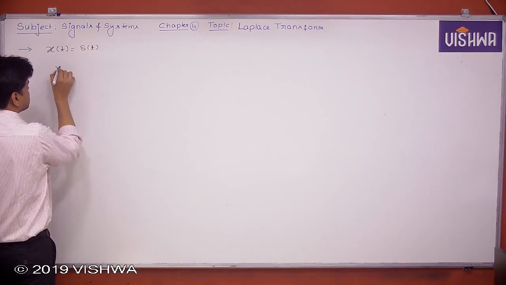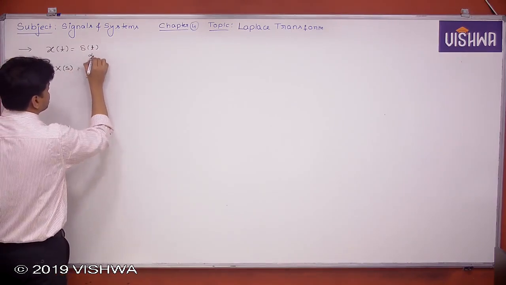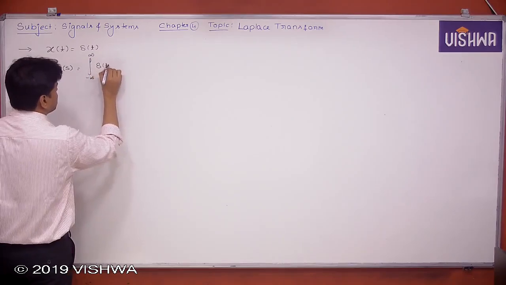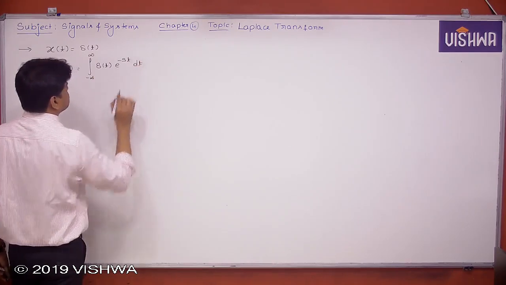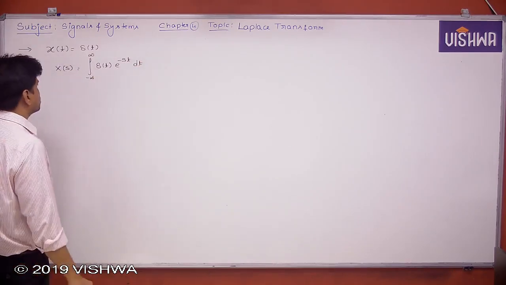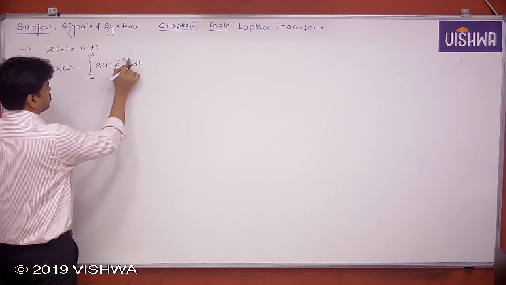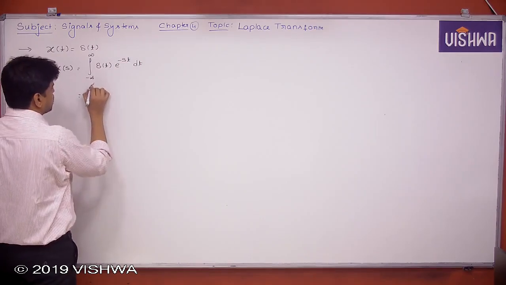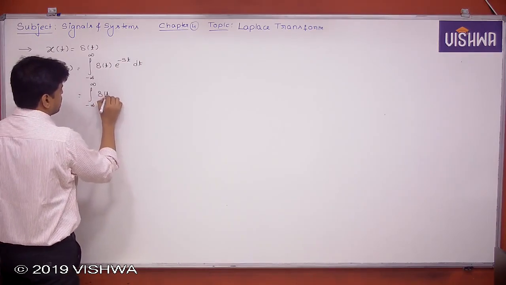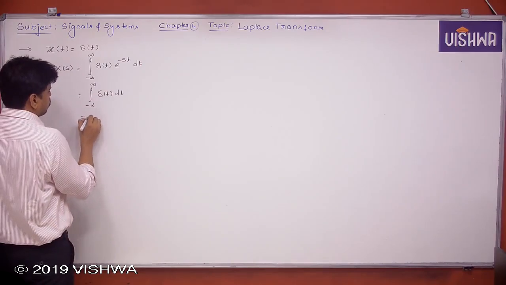What is the Laplace transform? X of s is the integral from minus infinity to infinity of delta t e power minus st dt. Here, any function multiplied with delta t, t has to be replaced with 0, then this is going to be 1. So the integral of delta t dt, what is this value? Which is nothing but 1.